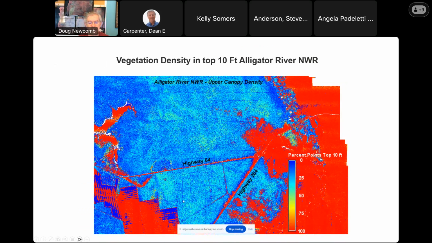And so you can see where you have some shrubby areas, but you also have a lot of areas where there are very few points in the top 10 feet. Then it may be an indication, for example, if you combine that with canopy height, that you may be able to pull out your ghost forest from that.